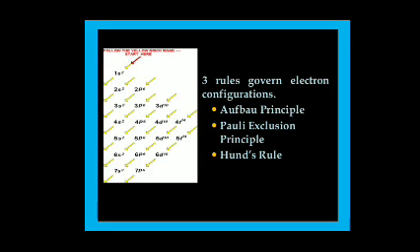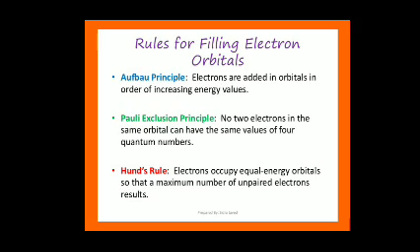These three rules are Aufbau's principle, Pauli's exclusion principle, and Hund's rule. The arrangement of electrons depends on these three principles.